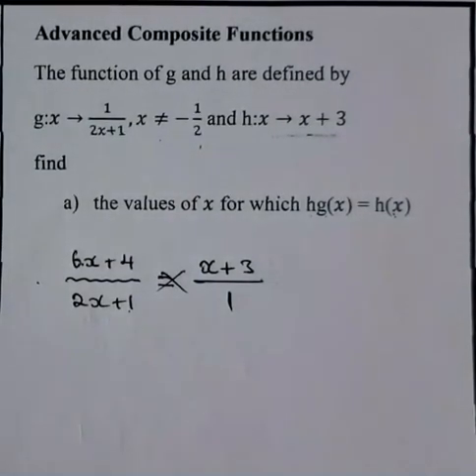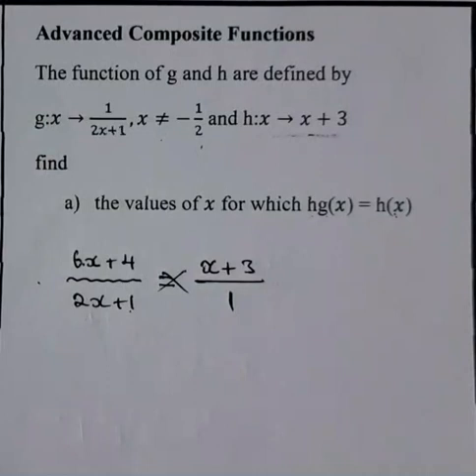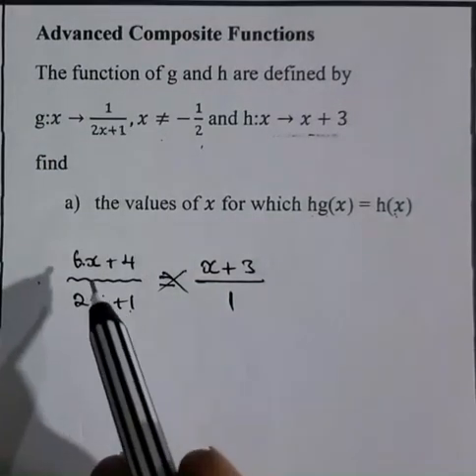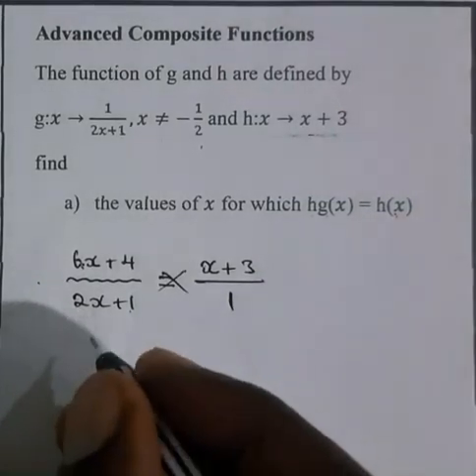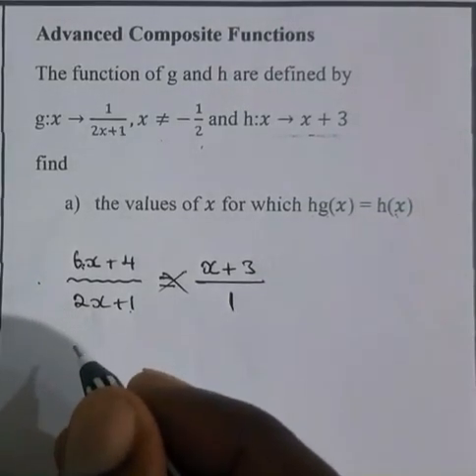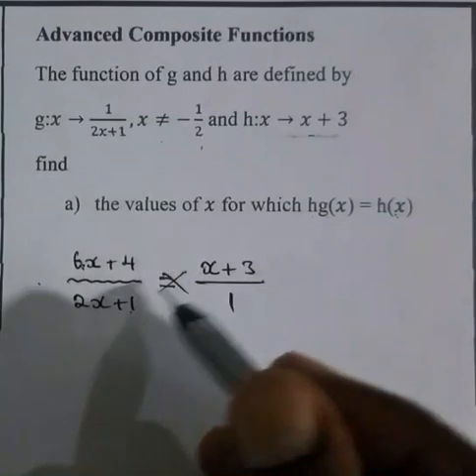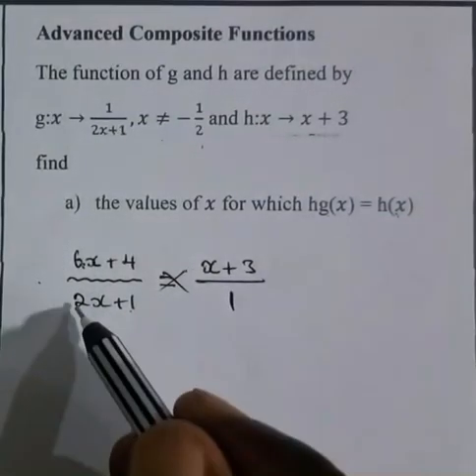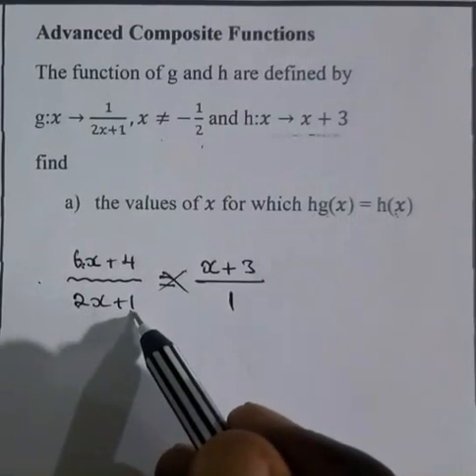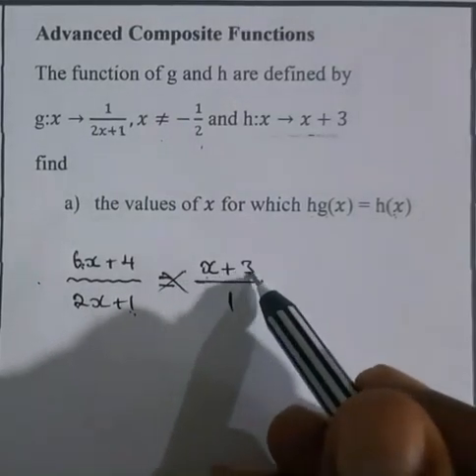Whichever method you think will involve less work. So from here we're going to say 6x plus 4 times 1, or maybe we do this first. Okay, just try to do this and the other one will come later on. So 2x plus 1 times x plus 3.